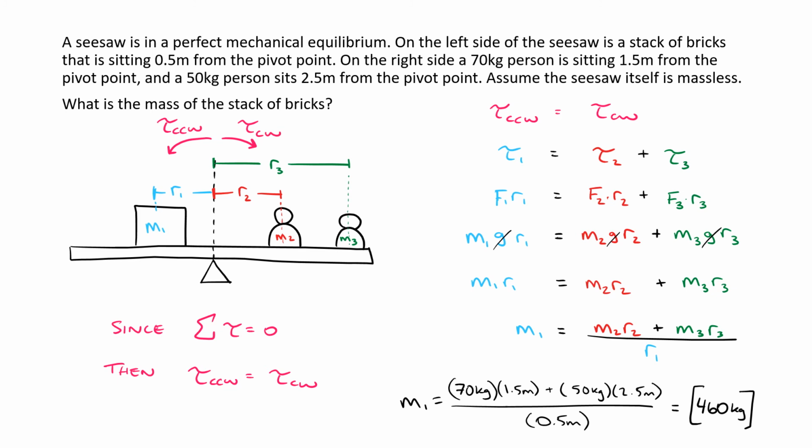So we know mass 2 is 70, and radius 2 is 1.5.